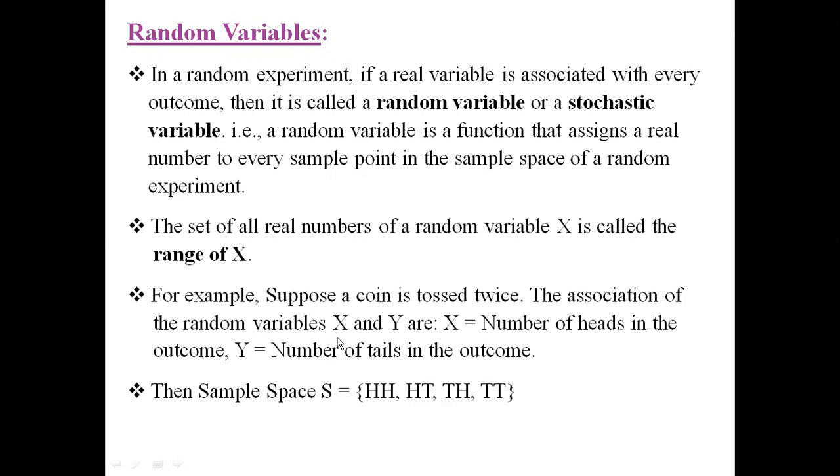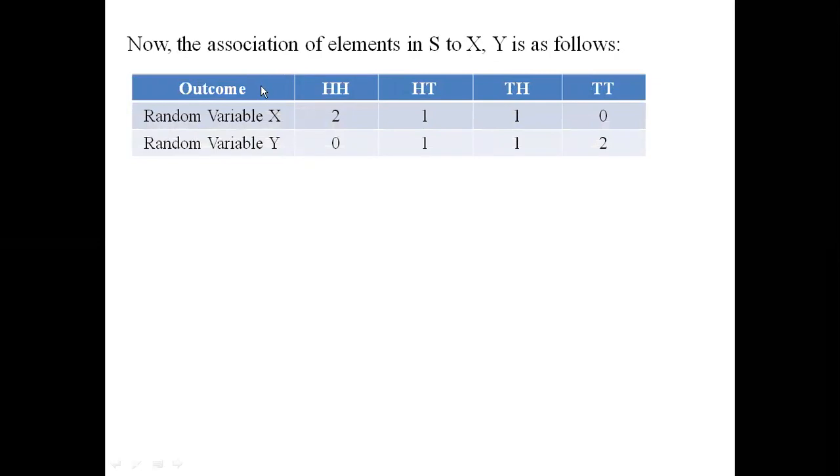And now we associate the random variables x and y with the sample space. The association of the elements in the sample space S to x comma y is as follows. So the outcomes are HH, HT, TH and TT. Random variable x is number of heads in the outcome.